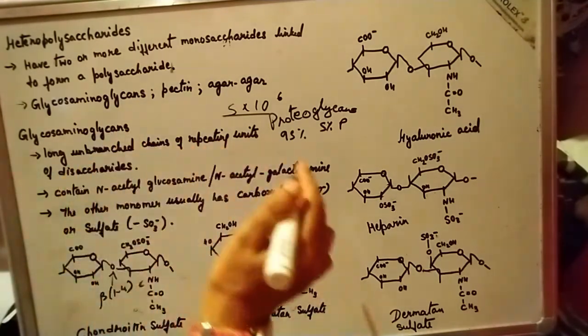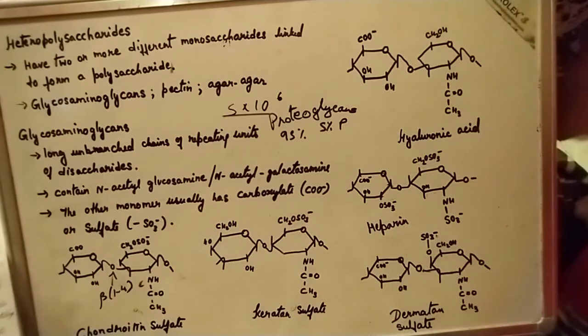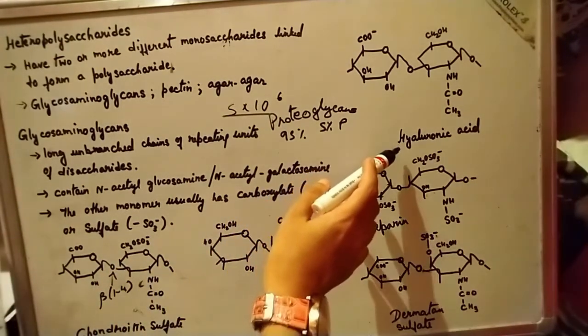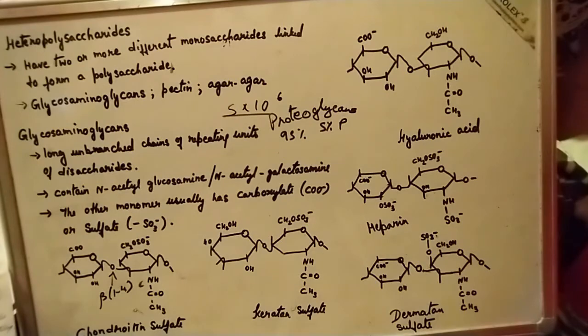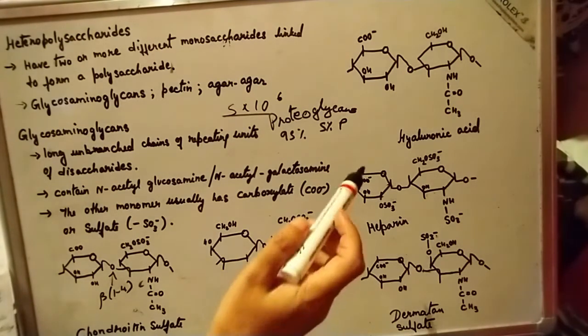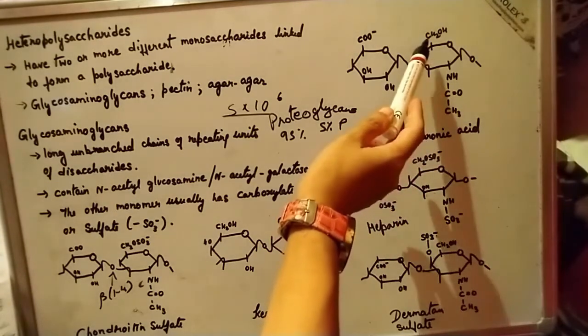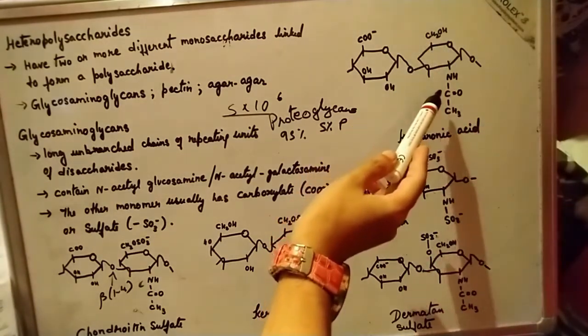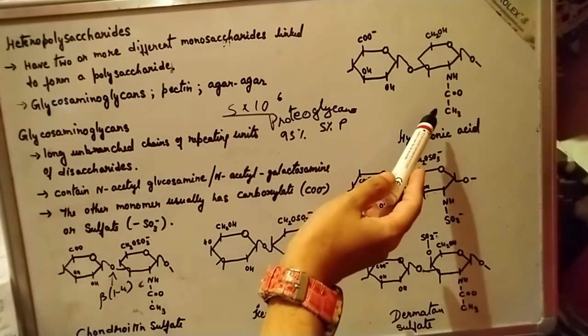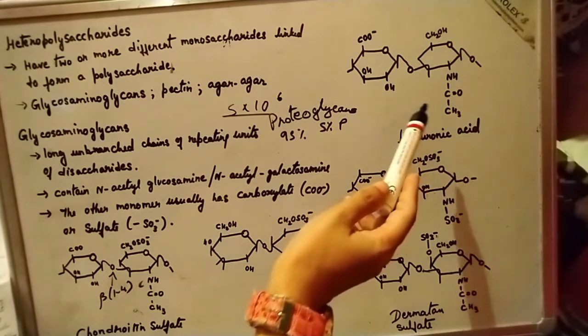Now another important polysaccharide which falls under this category is hyaluronic acid, and this one is just like the chondroitin sulfate. It differs from it in not having a sulfate on the galactosamine. Here you can see in this N-acetyl galactosamine, the sulfate is absent.